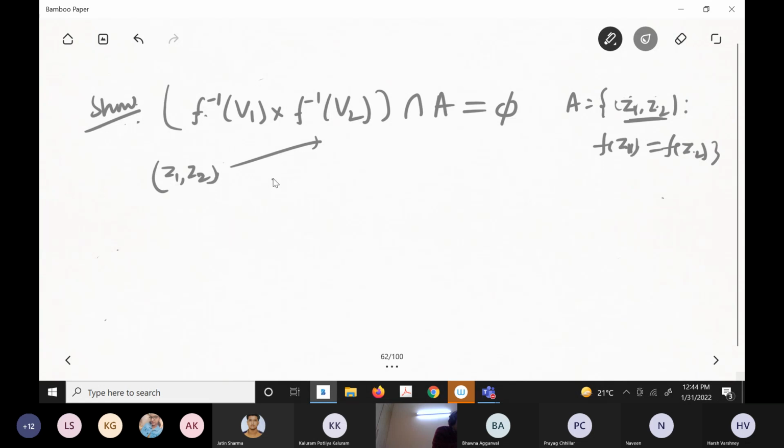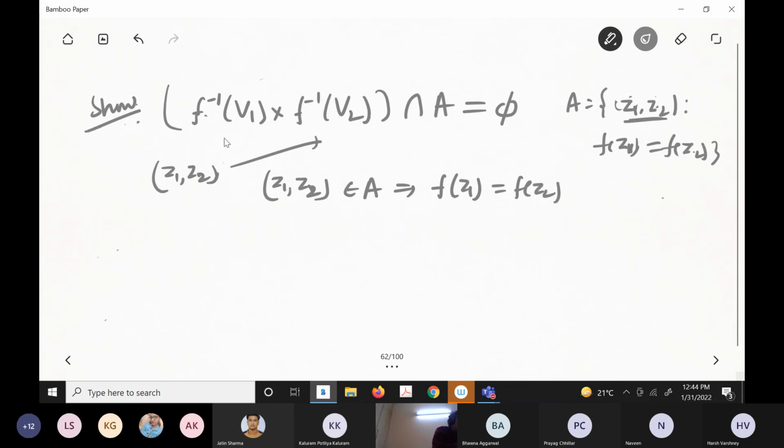z1, z2 belongs to A, implies f z1 equal to f z2.